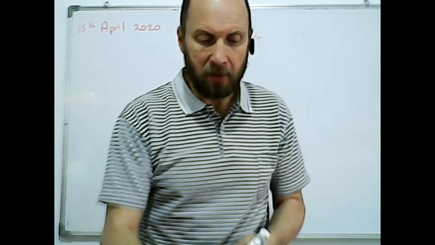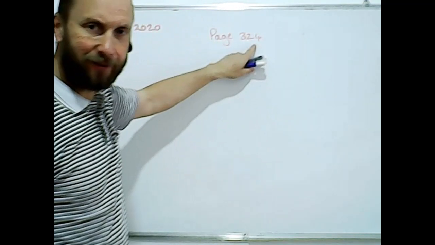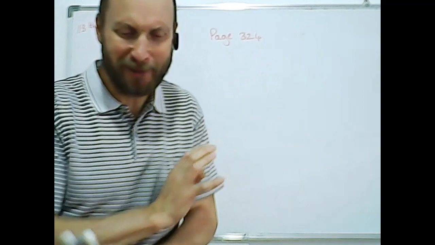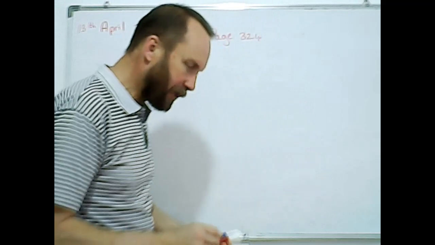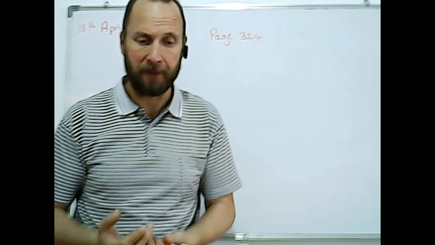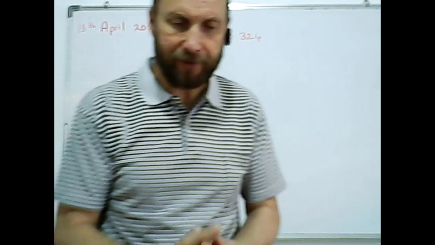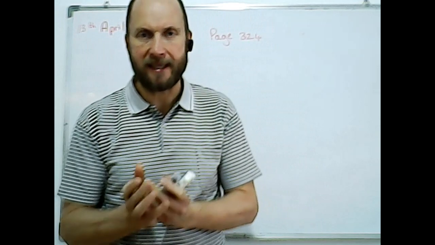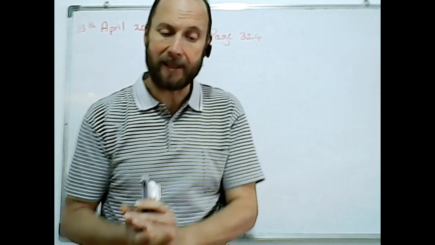Right, okay, so we're on page 324. I'm sorry about the board, it's the best that I can do in my house at the moment. And we're looking at the relationship between fractions and ratios. At the top of the page there, 17.4, there's some text that you can read yourself.